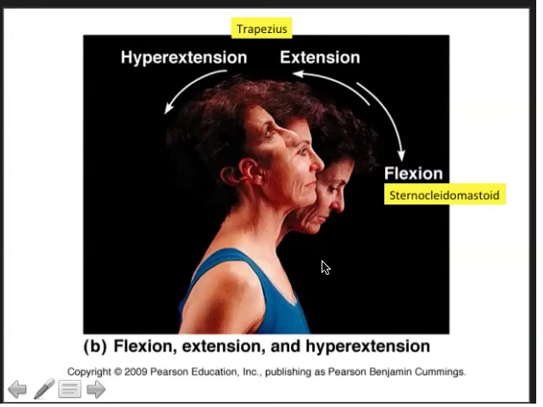The muscles involved in flexion include the sternocleidomastoid, among others. The trapezius is involved in extension, particularly the upper border of the trapezius, known as the cervical head. And then hyperextension, also facilitated by the trapezius, as well as a few other muscles that lie underneath it.